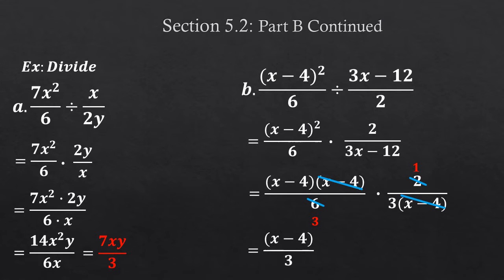So now I'm left with x minus 4 over 3 times 1 over 3. If you want to expand this, you have x minus 4 over 3 times 3 is 9.